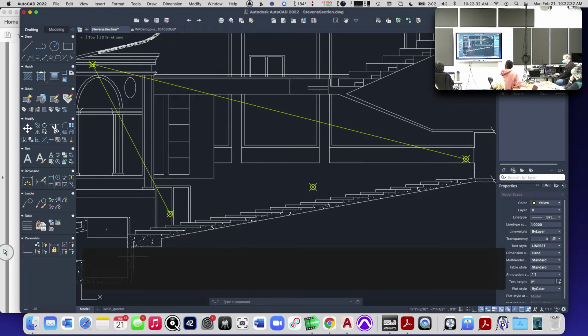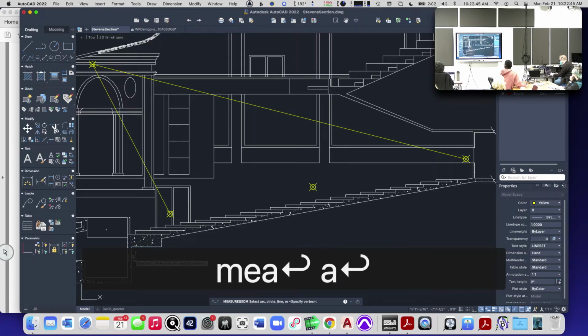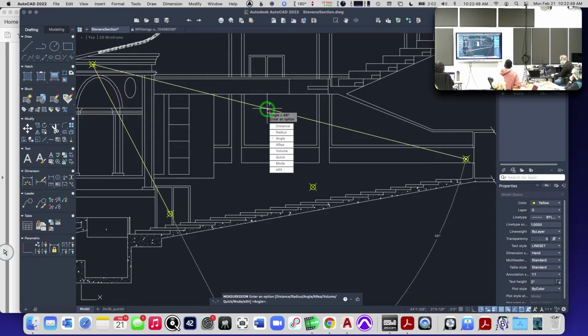What is that angle? Be nice to know. I hope it's 60. Let's see. We want angle. It is 48.